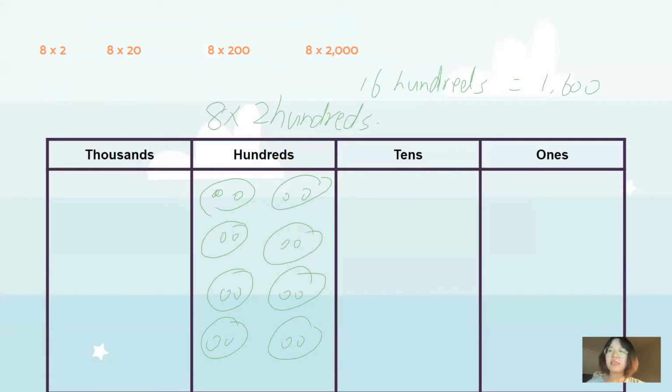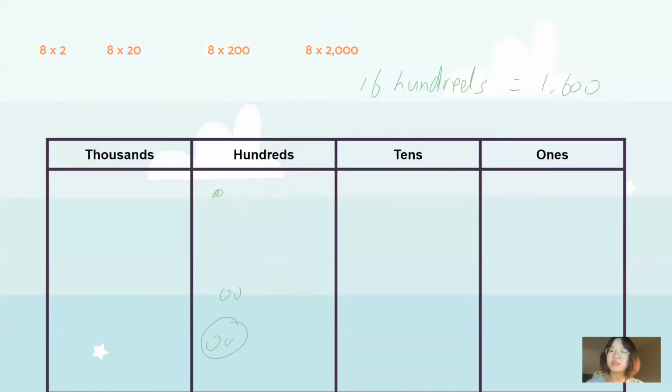And let's see, let me use another color. Or let's erase this one first. And what about 800s times 2? So we have 800s.